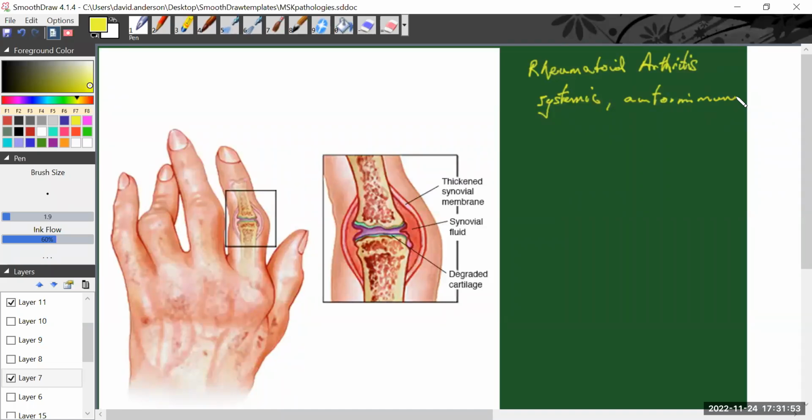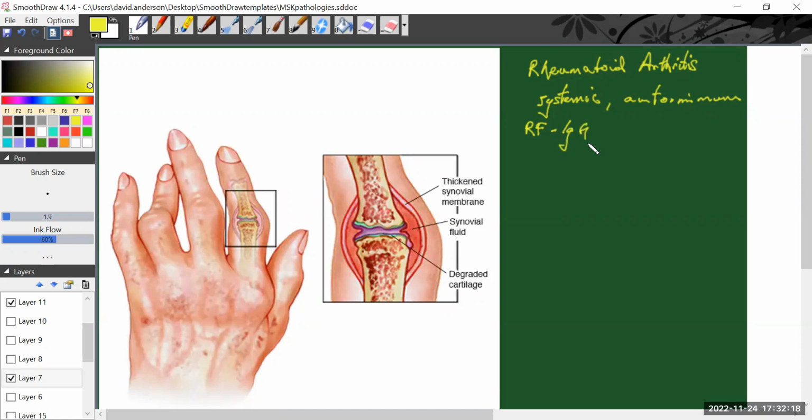So basically what happens is there's a factor that's been identified in people with rheumatoid arthritis. Not everybody, but the majority of people with rheumatoid arthritis have what's called rheumatoid factor circulating in the body. And rheumatoid factor is a complex with IgG. So it's a complex that contributes to the joint damage.